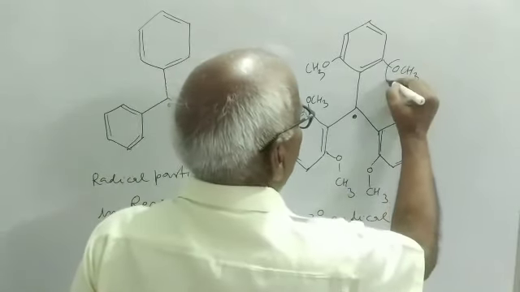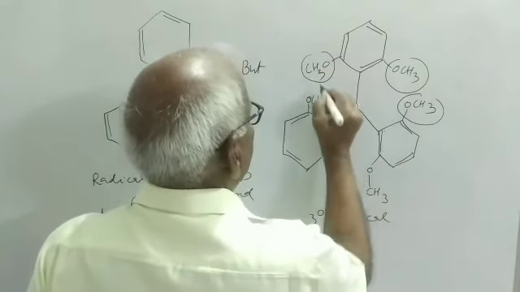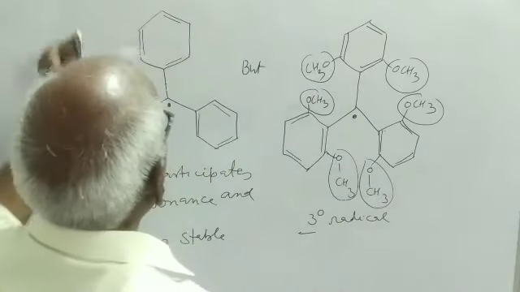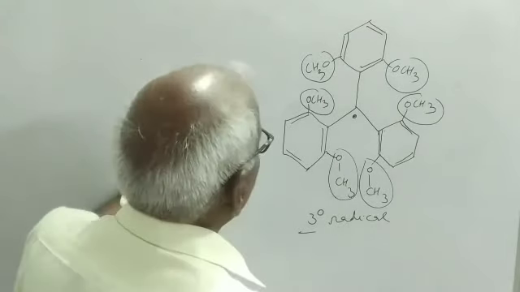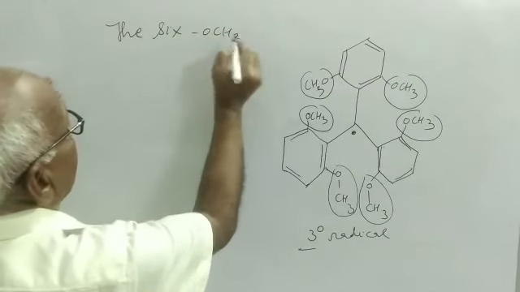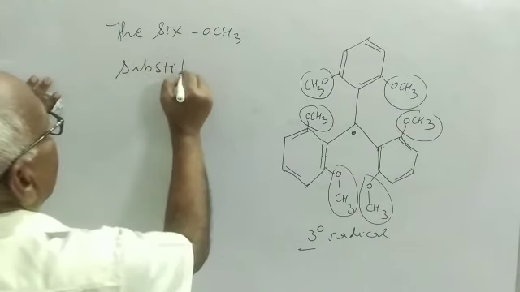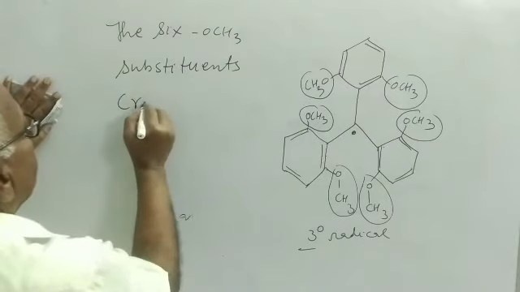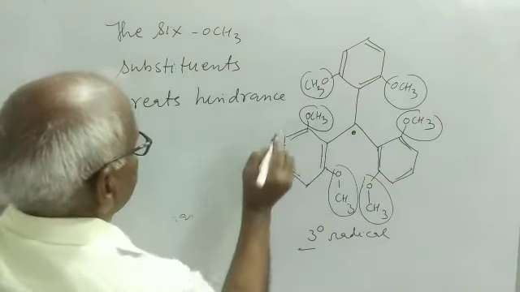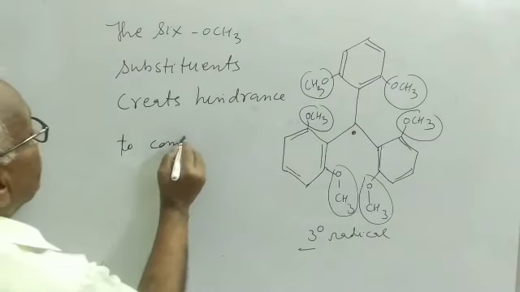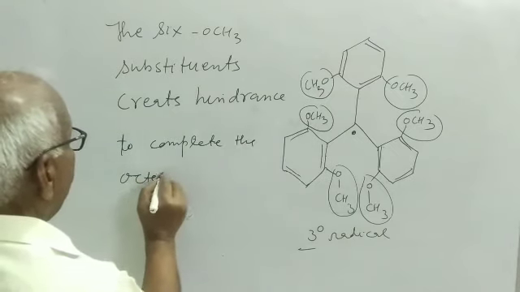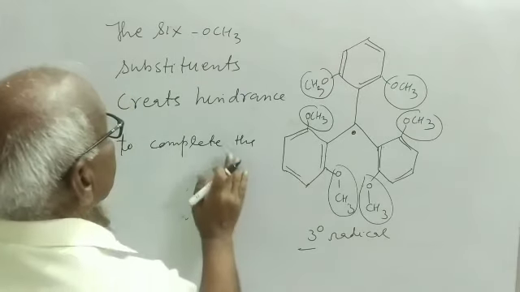So these six ortho OCH3 substituents create hindrance to complete its octet.